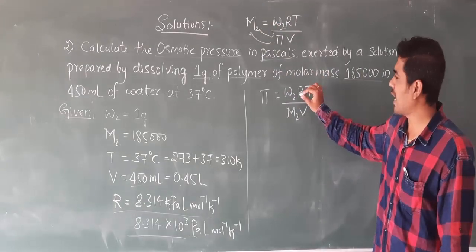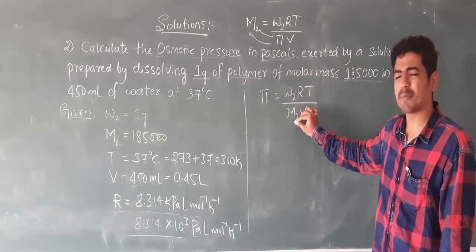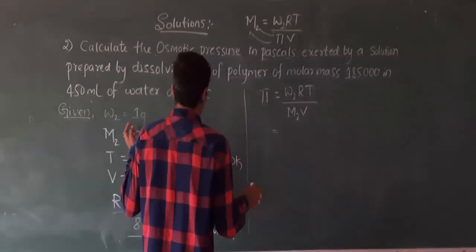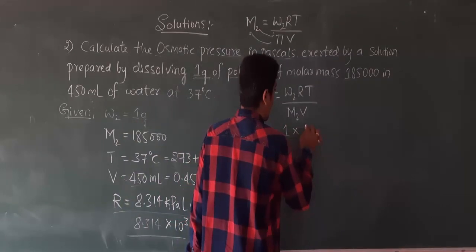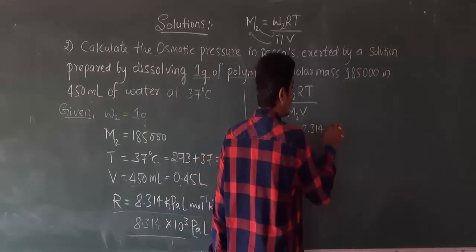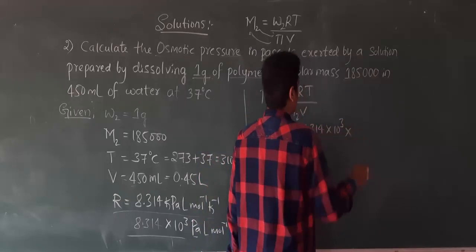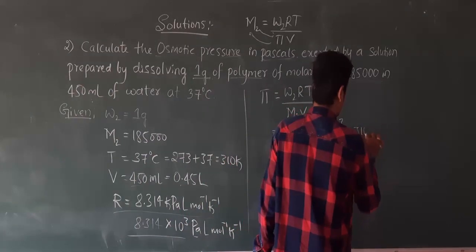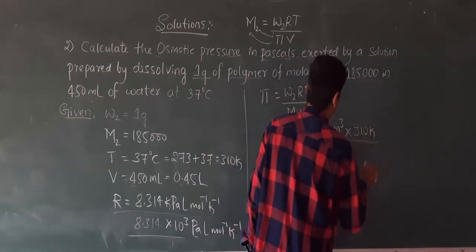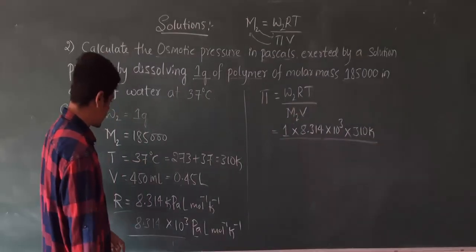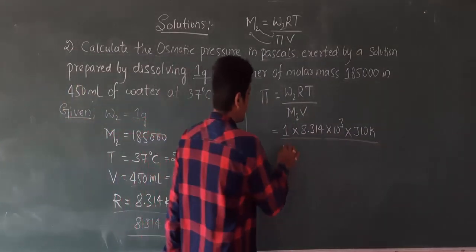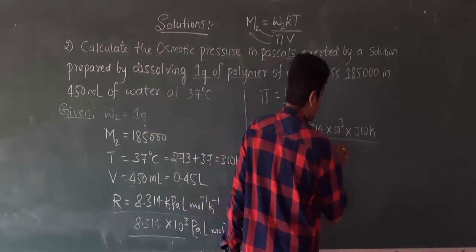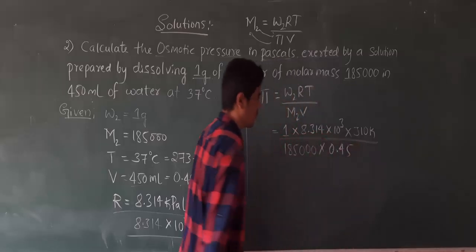Now substitute the values of W2, R, T, M2 and V in this formula. So what is W2? W2 is 1 into R is 8.314 into 10 raised to 3 into T, that is temperature, 310 Kelvin, divided by M2, molar mass of the solute, 185,000 into volume 0.45.